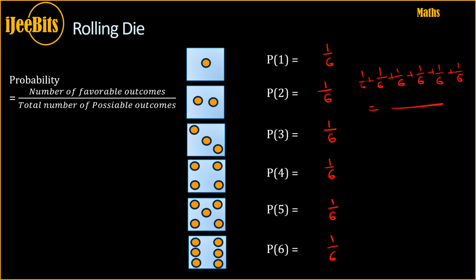The LCM is 6 and in the numerator we add 1 plus 1 plus 1 plus 1 plus 1 plus 1, so 6 ones. So 6 by 6 is equal to 1. So the total probability is 1, isn't it? So if we add all the individual events together, the max value that we get is 1.